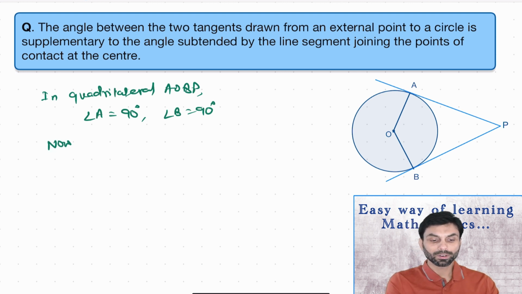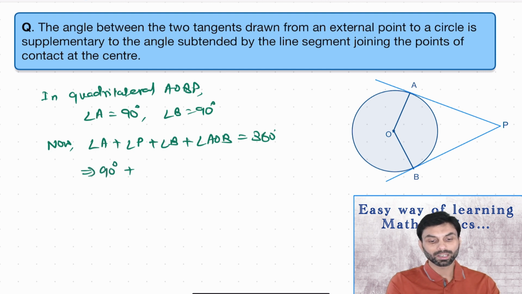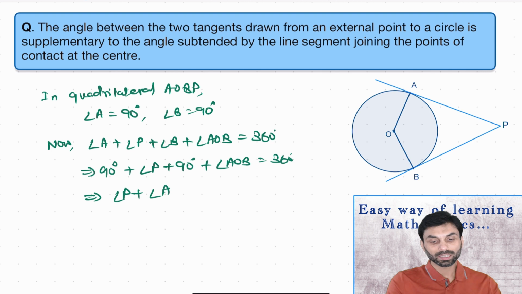Now what we can say from here, that angle A plus angle P plus angle B plus angle AOB will be 360 degree, and this will be 90 plus angle P plus 90 plus angle AOB equals 360 degree, which means angle P plus angle AOB will be 360 degree minus 180 degree, which is 180 degree.